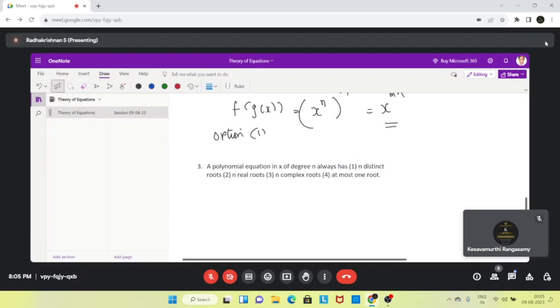Okay. A polynomial equation need not have all real roots. Totally there will be n roots. Real, imaginary and complex all put together, you will have n roots. So will there be n distinct roots?